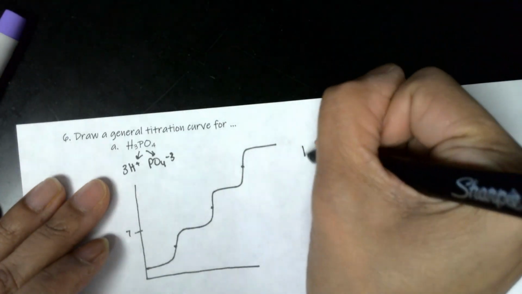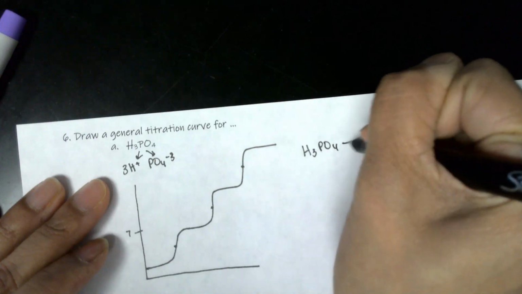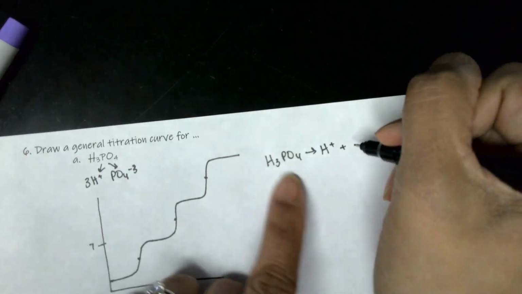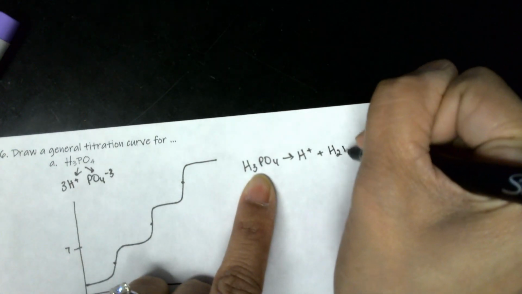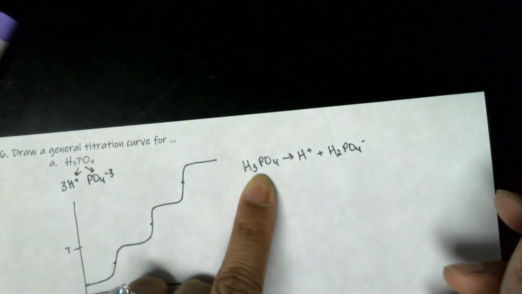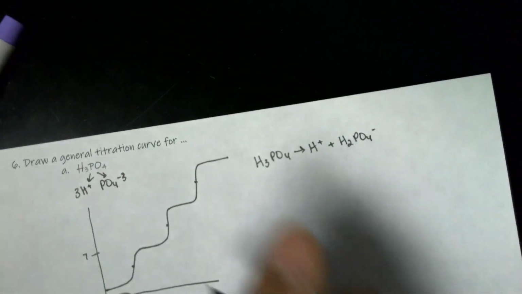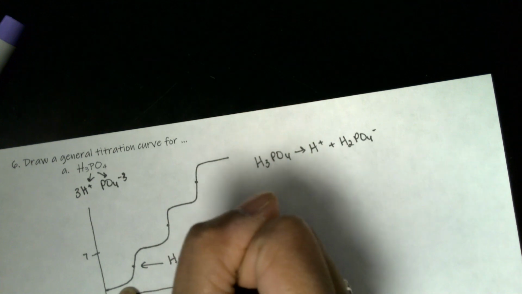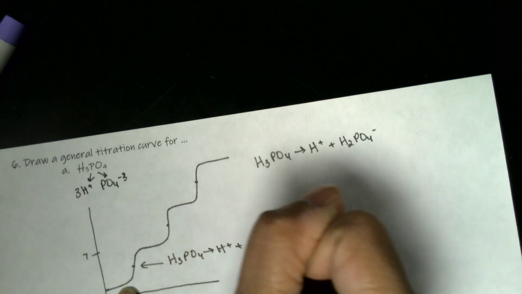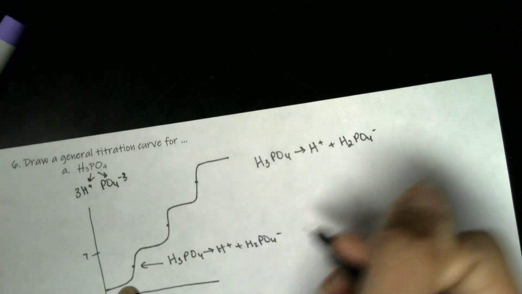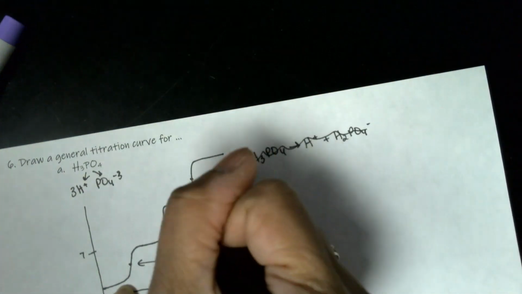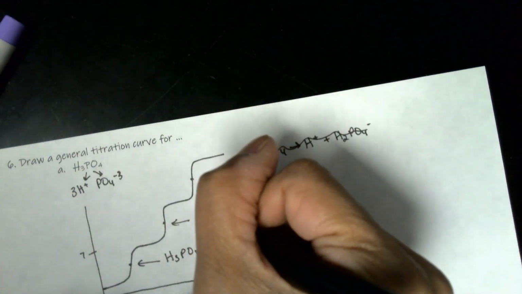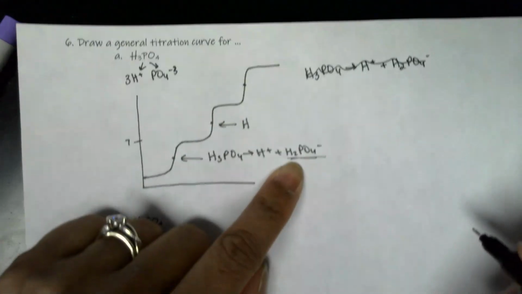One is where you're going to see the H3PO4 donate 1 H plus, and therefore it's going to look like H2PO4 minus. I probably should have written it right here. My bad. H3PO4 producing H plus and H2PO4 minus. All right, here we're taking this and removing another H from it.